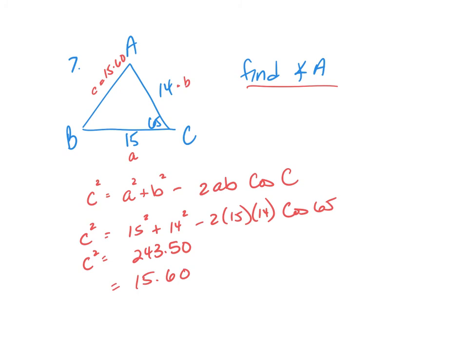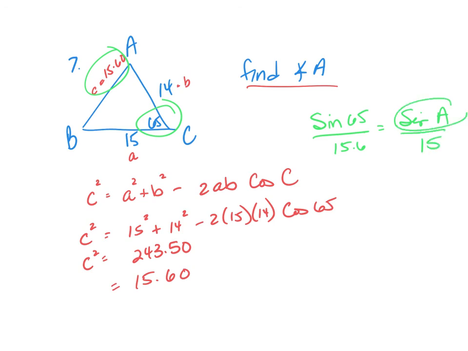So I can find big A using the formula a squared equals b squared plus c squared minus 2bc cosine of big A. Or I can switch over now to the law of sines, because it's easier to deal with. You've got a full one, because now I have a full fraction. So I know that the sine of 65 over 15.6 equals the sine of big A over little a.